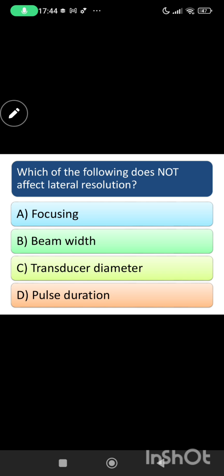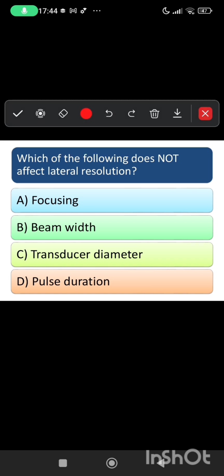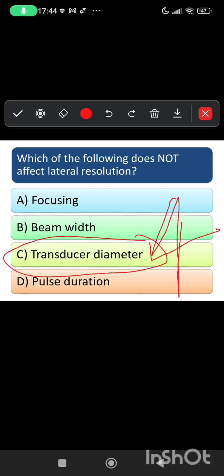Tesween, which of the following does not affect lateral resolution? Pulse duration. Yes, pulse duration. Because we know when transducer diameter is increased, what does it do?